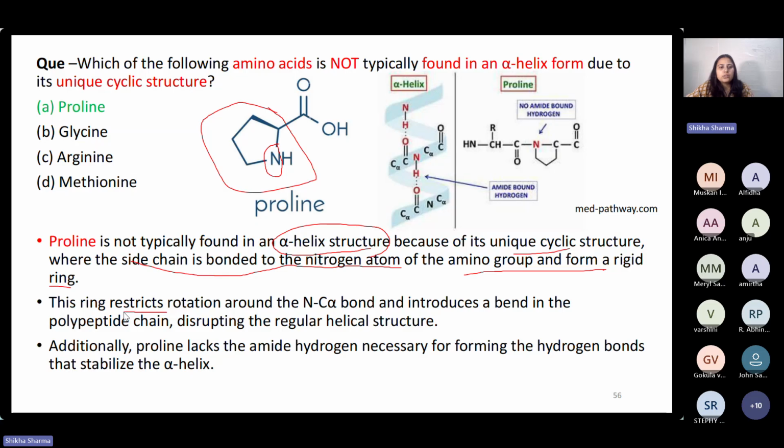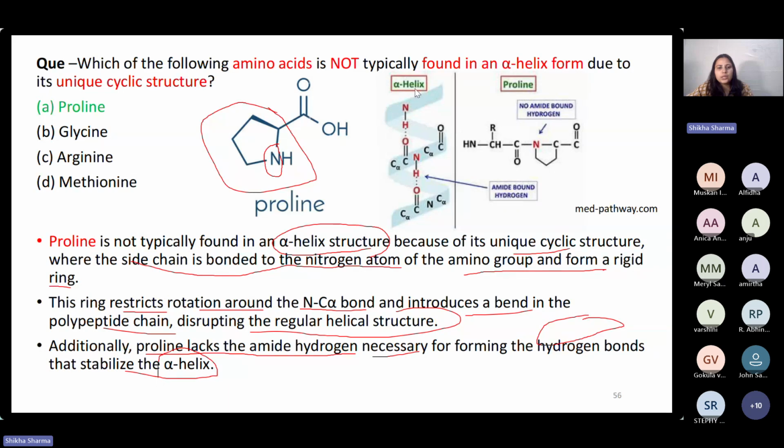This ring restricts the rotation around the N-C alpha bond and introduces a bend in the polypeptide chain, which disrupts the regular helical structure. Additionally, proline lacks the amide hydrogen necessary for forming the hydrogen bonding that stabilizes the alpha helix structure.